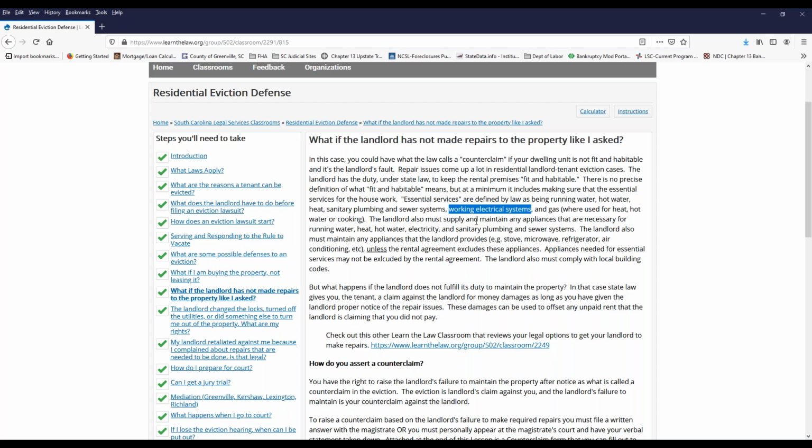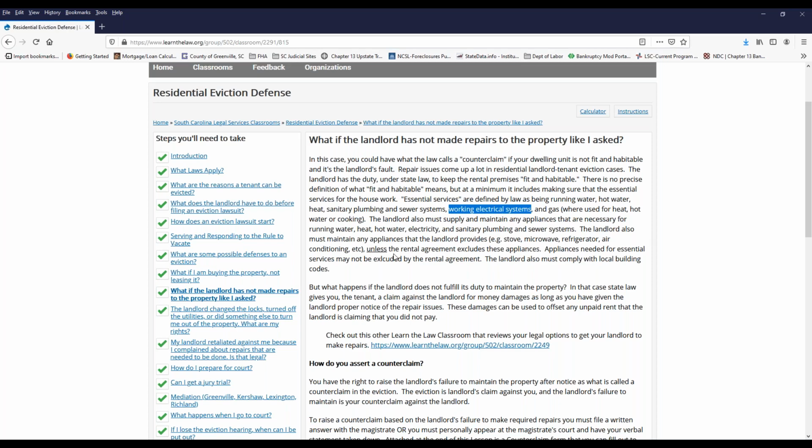The landlord is supposed to supply and maintain any appliances that are necessary to provide running water, heat, hot water, electricity, and sanitary plumbing and sewer. And if the landlord provides appliances, the landlord is supposed to maintain those appliances, because it's presumed that that's part of the rental agreement, that you're not just renting the house, you're also renting the appliances provided with the house.